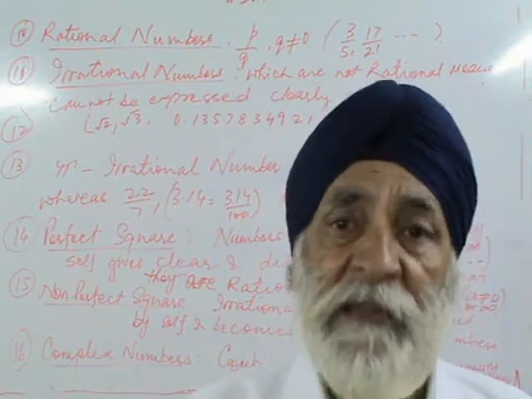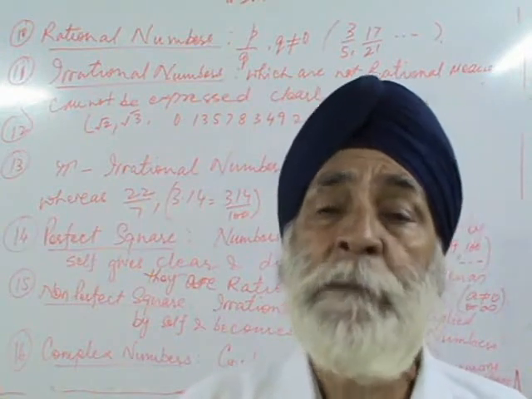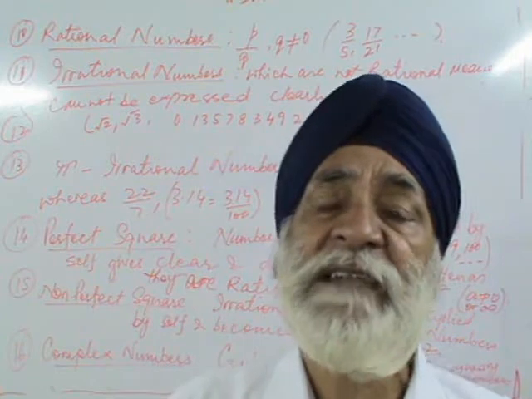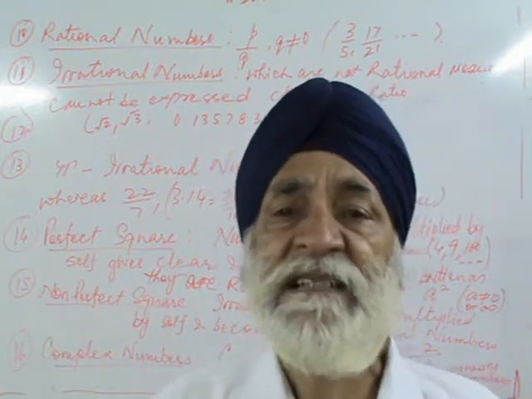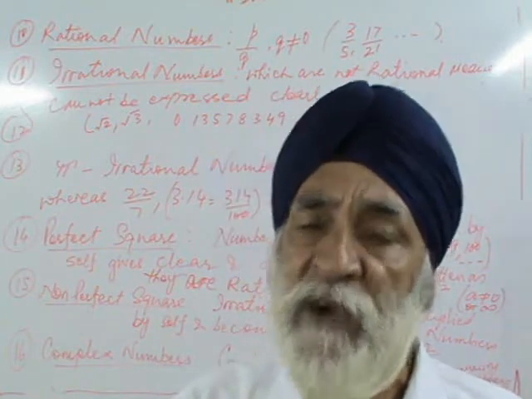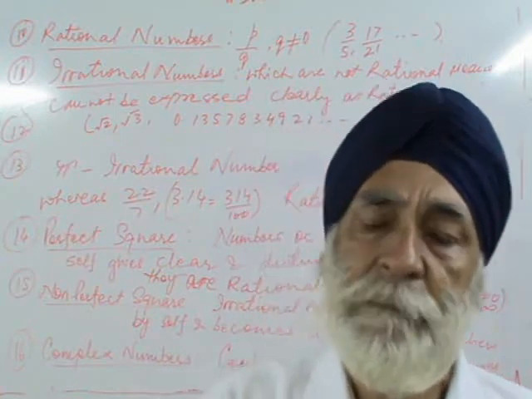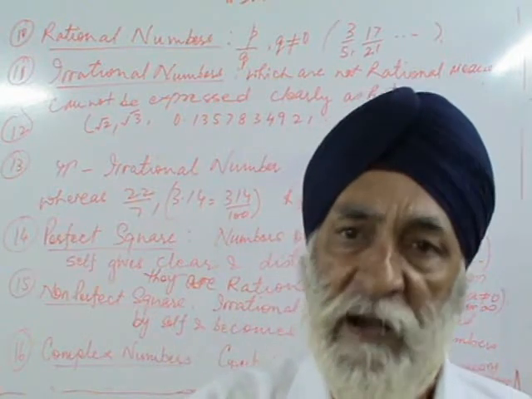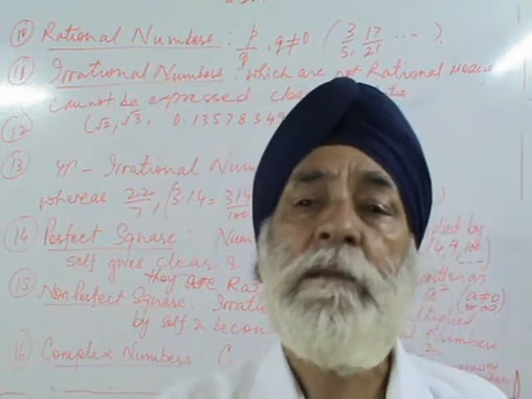But what if we want to find some number which is negative, like negative 3? In that case, they have defined an imaginary number called i or iota, which is root of -1.